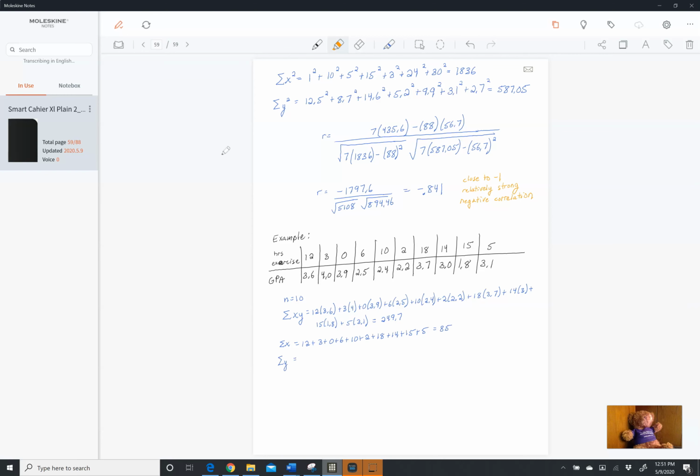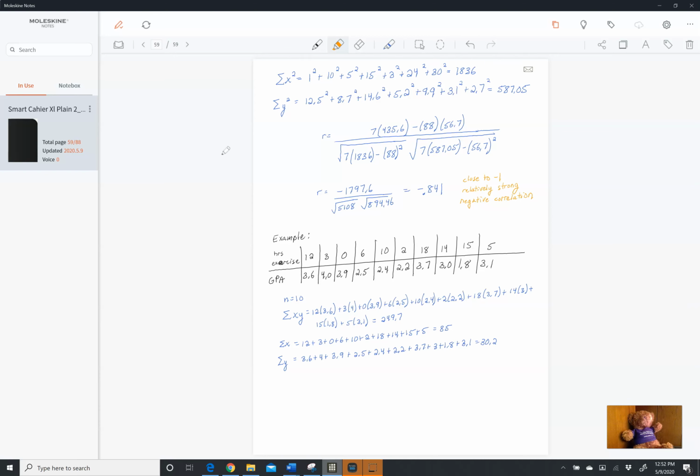So we take all of our y values and add them. And we get 30.2 for that.